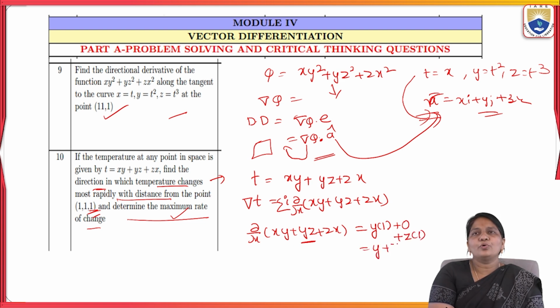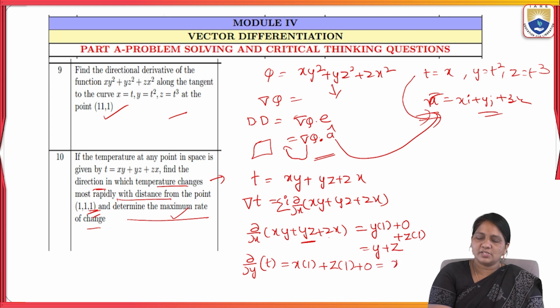So finally, with respect to x, ∂T/∂x is y + z. In the same way, ∂/∂y of T. Here x is constant, y is 1, plus z is constant, y is 1, plus here z and x both are constants, so 0. This is x + z. In the same way, we are doing with respect to z also. Here with z, first x and y both are constant, 0. So y into z derivative is 1.